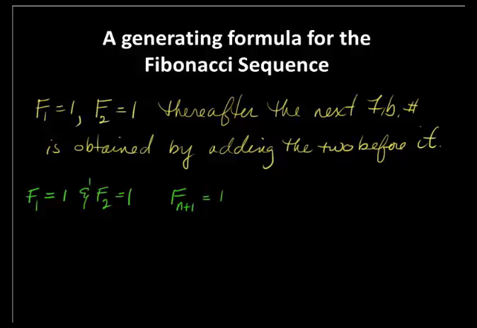Well, the one right before it is f sub n, and the one right before that is f sub n minus 1. Think about it. If n is 7, this tells us that f8 is equal to the 7th Fibonacci plus the 6th Fibonacci. If n is equal to 2, this tells us that the 3rd Fibonacci is the 2nd Fibonacci plus the 1st Fibonacci.